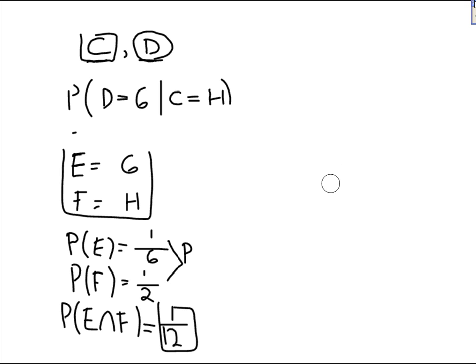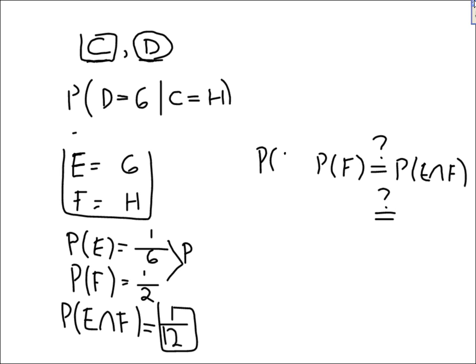And we want to decide if P of E times P of F equals P of E intersect F. Okay, we don't know yet. Does P of E times P of F equal P of E intersect F?